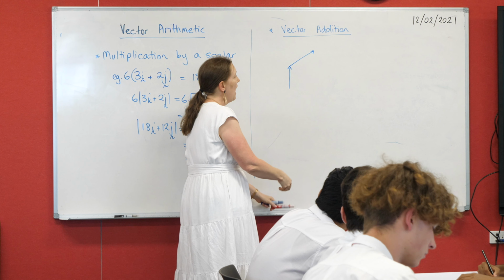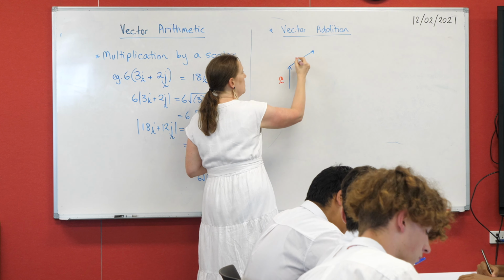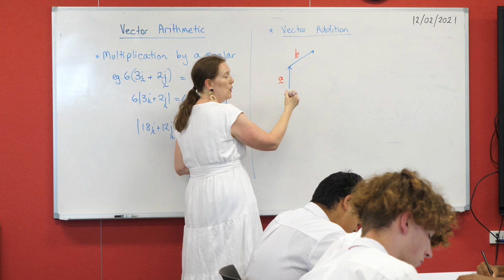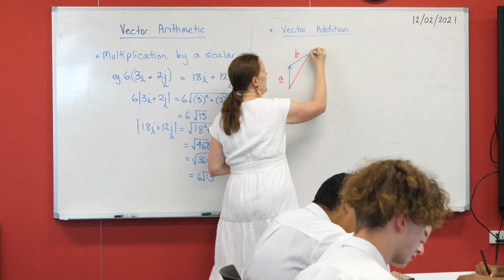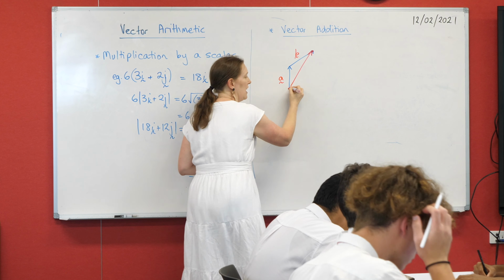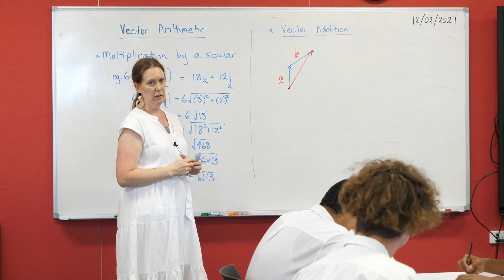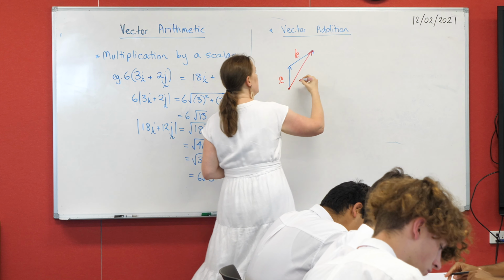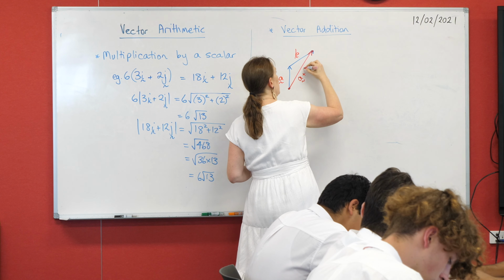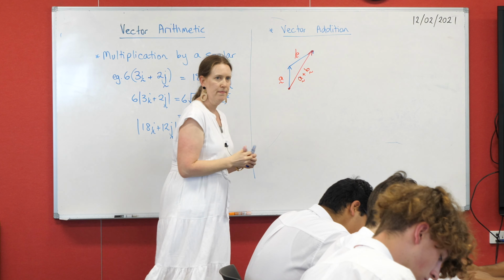Because we had our first vector plus our second vector, we can replace those with another vector that starts at the same point and ends at the same point as well. And this vector represents the vector A plus the vector B.